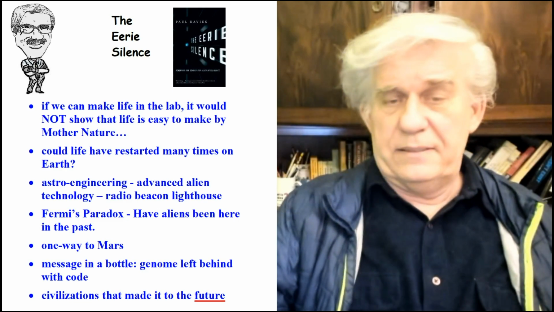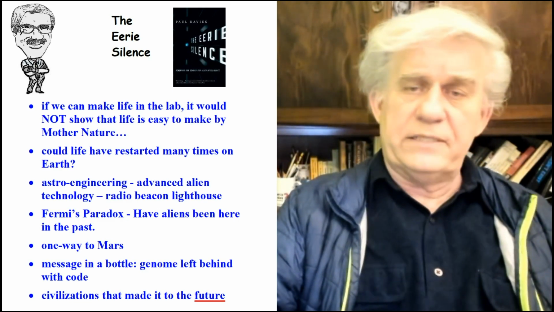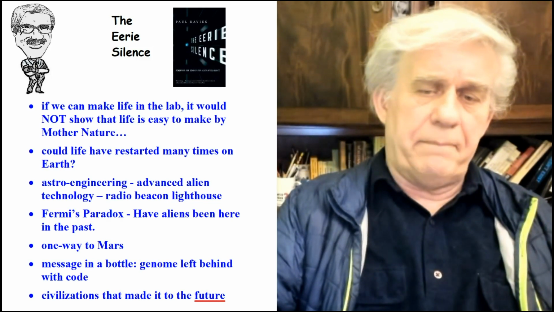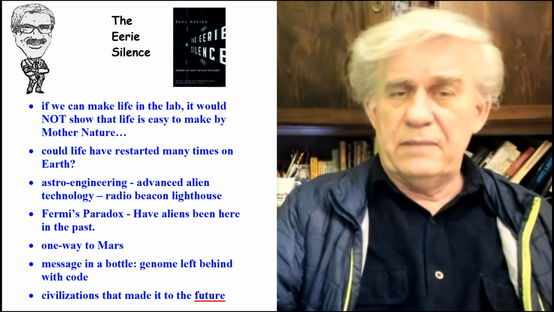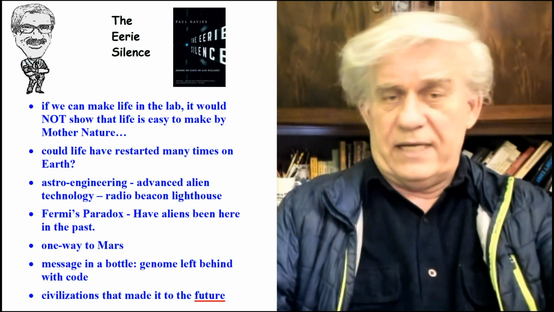And the one that struck me the most is really the last one: civilizations that made it to the future. He just mentions that in passing, saying a lot of civilizations may die, like Carl Sagan suggested. In fact, I mentioned that some time back. The question is, how many of those surpass their infighting, killing each other, becoming extinct? How many get beyond that point, and they all become friends on their planet?